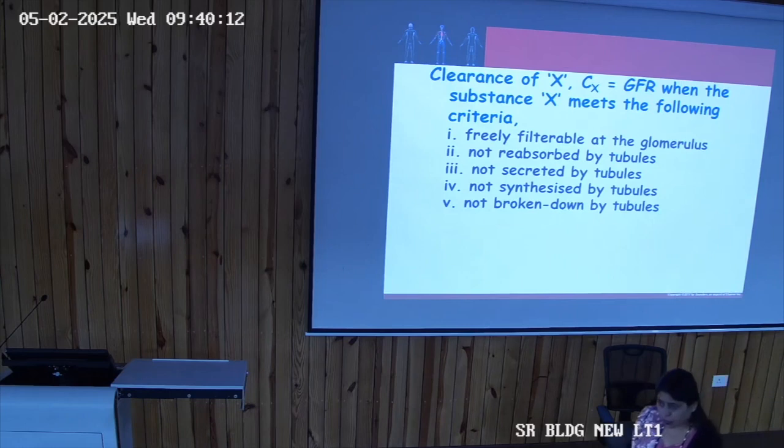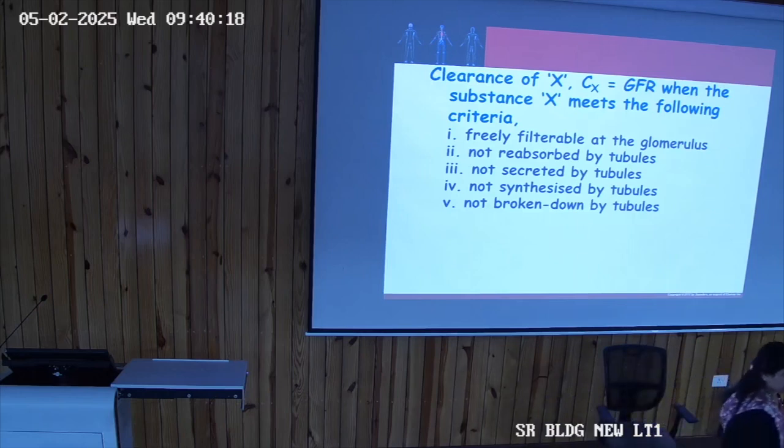Maintenance of colloidal osmotic pressure. This maintenance of colloidal osmotic pressure is done with the help of filtration and reabsorption. One end of the capillaries is responsible for filtration, and the other end is responsible for reabsorption. So similarly, the pressures acting in this scenario result in the net effective pressure.